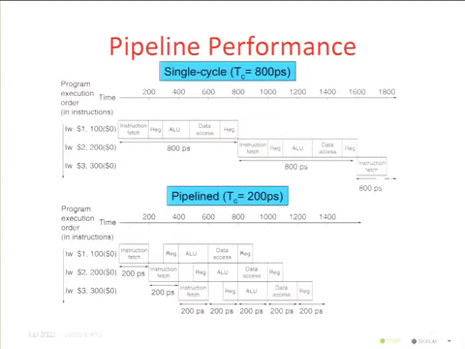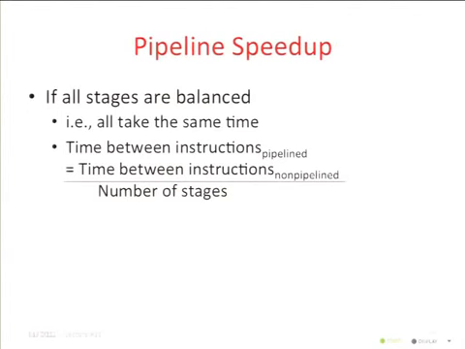If all the stages are balanced, meaning all our stages are exactly the same length, then the time between instructions, the amount of time it takes to execute an instruction on average in the pipeline case, is basically what it was in the non-pipeline case divided by the number of stages.